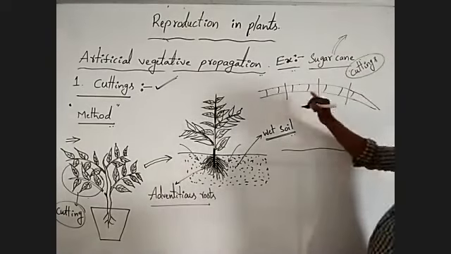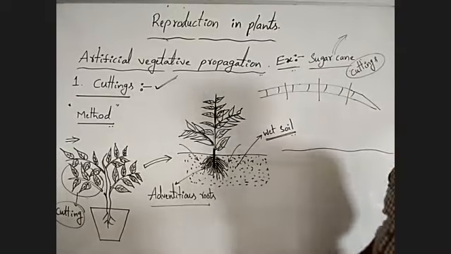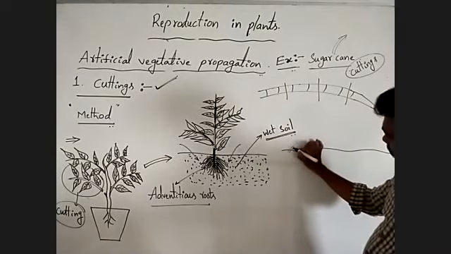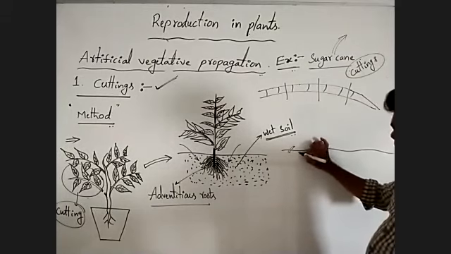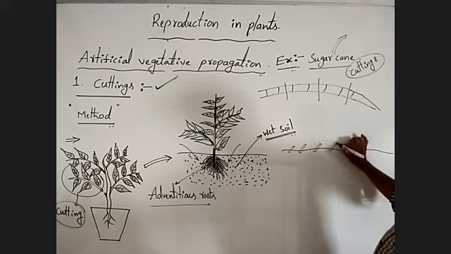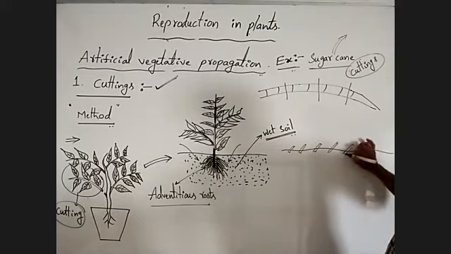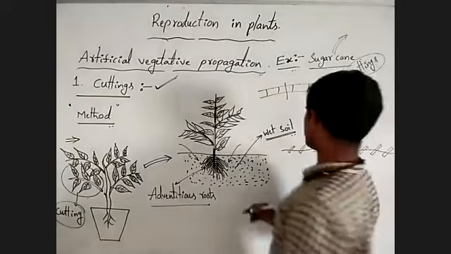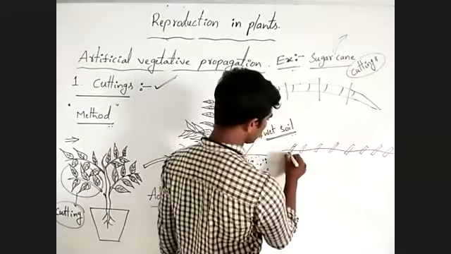These cuttings are buried in the wet soil. Observe carefully. Like this, throughout the field, all these small cuttings of the sugarcane are buried in wet soil.